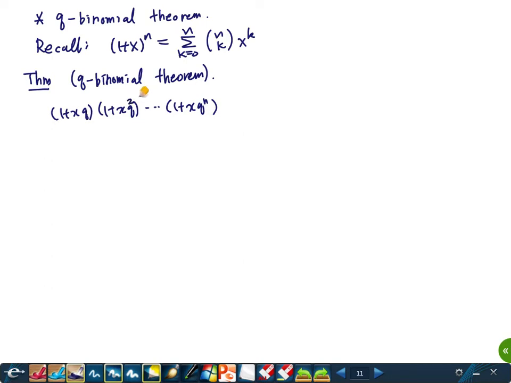It's possible that we can go from 1 plus x, but they are more or less the same. So this is equal to the sum over k from 0 to n of n choose k sub q, times q to the k plus 1 choose 2, times x to the k. So this is the theorem.